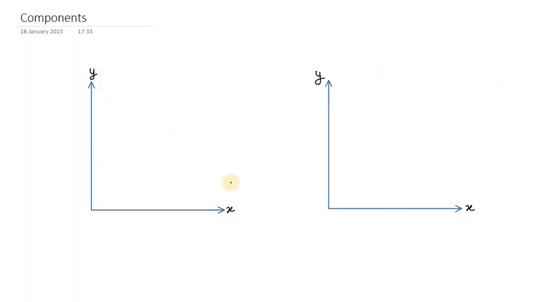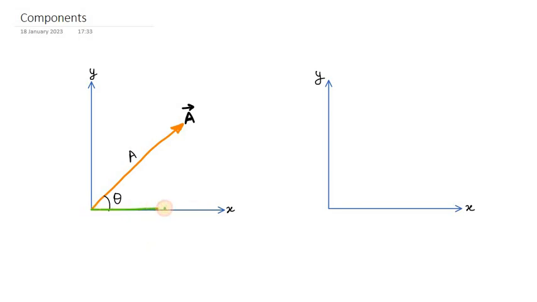Suppose we have an xy coordinate system, and let us suppose that there is a vector drawn here. Let us give it the name A. The magnitude of this vector is A. Suppose this vector is making an angle theta with respect to the horizontal direction or x direction.